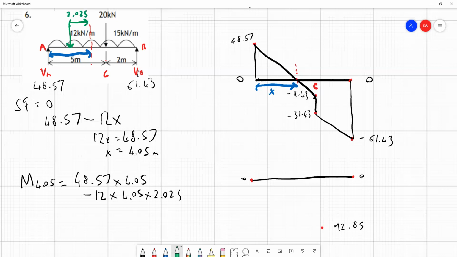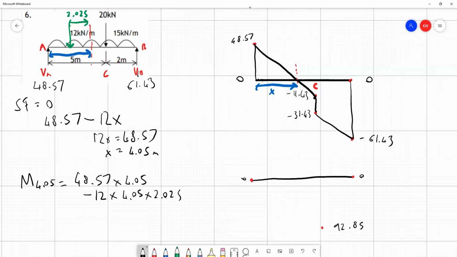So it's worth going through this step by step and thinking, am I sure where all these numbers are coming from? The 4.05 came from where the shear force was 0, and then we just treat it like any other point along the beam, so that when we're calculating a UDL, it's the whole length we're considering, the 4.05, and we're considering that applying halfway along that distance.